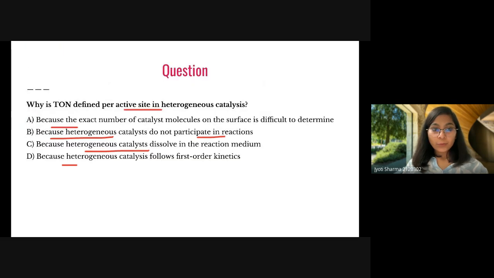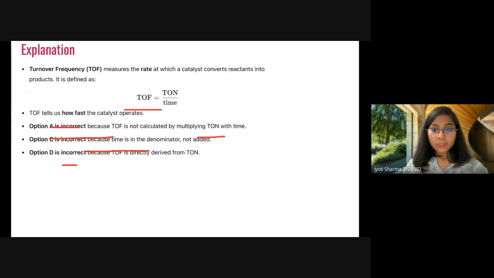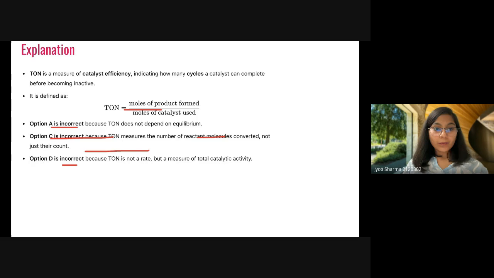Let me tell you what TON means. We already have discussed TON. This is the catalyst efficiency, the number of cycles a catalyst can complete before becoming inactive.